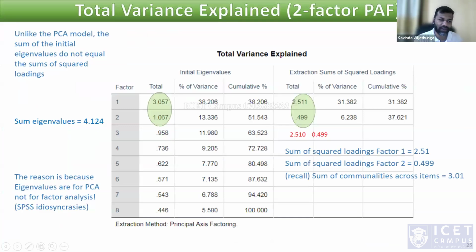The sum of the eigenvalues here is 4.124.